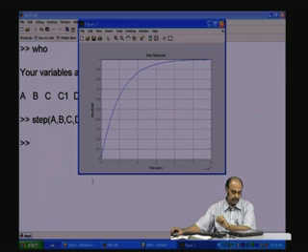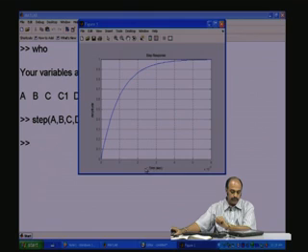You see, this is the step, this is the unit step 0 to 1, and you see that the waveform, the output is rising in this fashion towards 1.